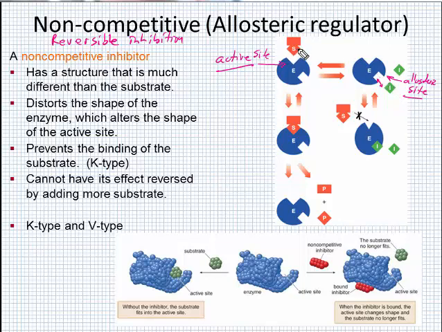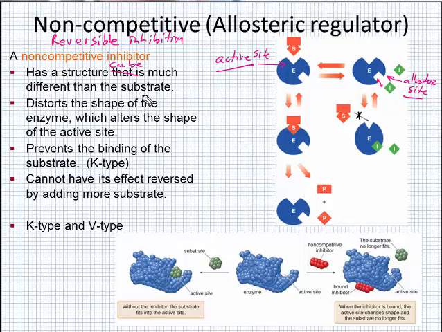Obviously they both have this square shape, but it's the pointy end that goes in here, and here's the blunt end. So they might look similar, but they don't have to. A non-competitive inhibitor has a structure that can be much different than the substrate.